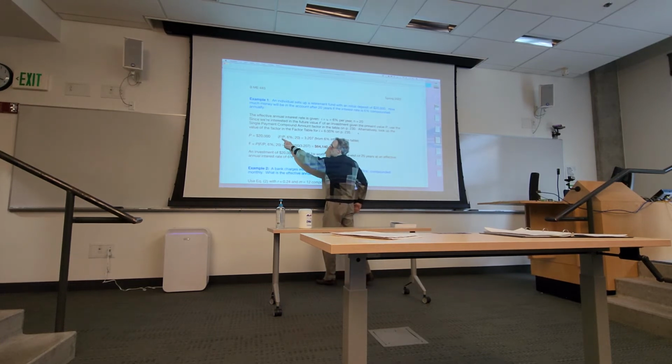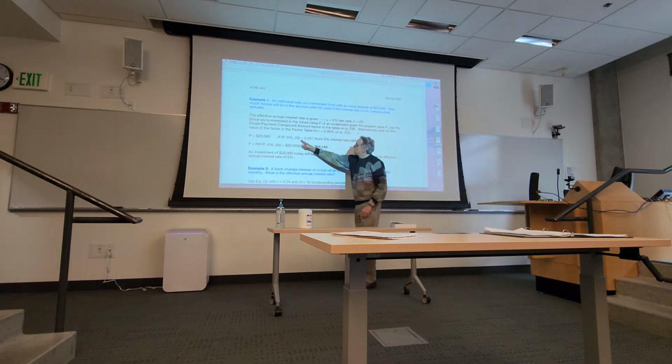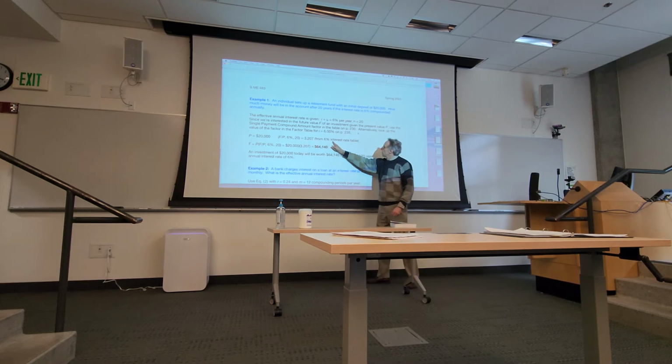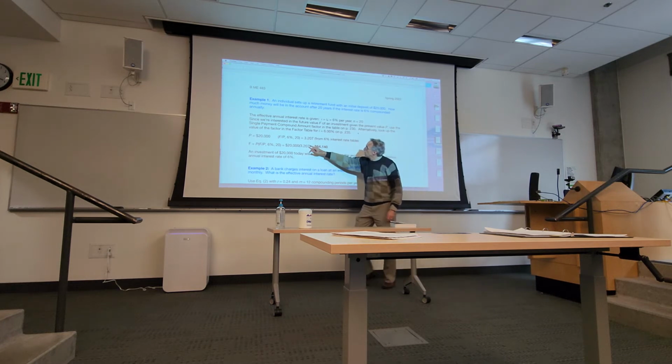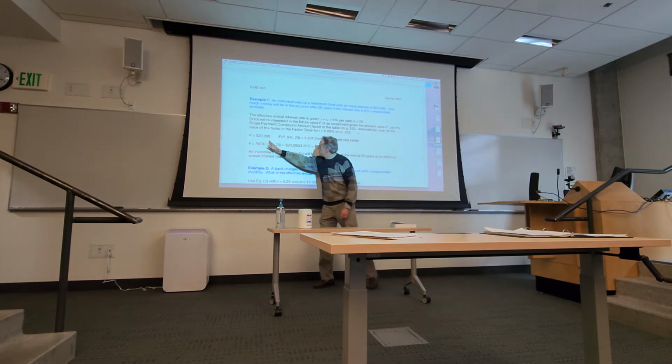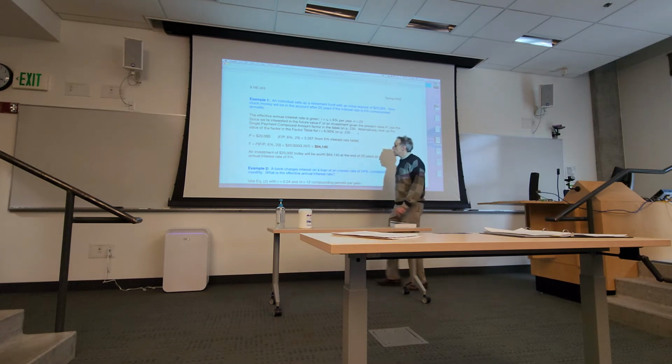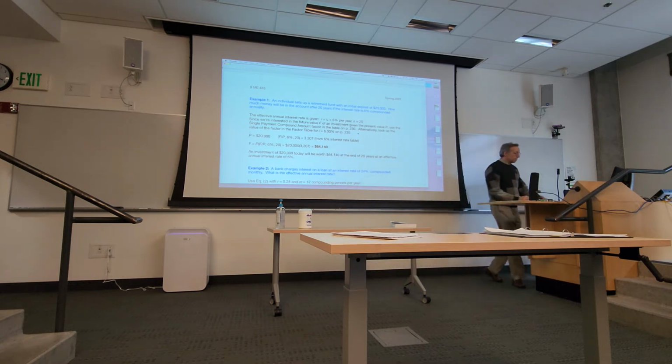The notation here is we want the future value given the present value, at 6% interest, 20 years is the period, and we look up this factor, 3.207, from the interest rate table. The tables are in the reference handbook, and then we multiply by the factor, and that gives us the future amount.